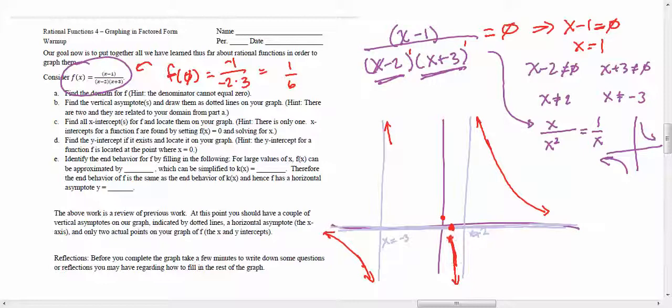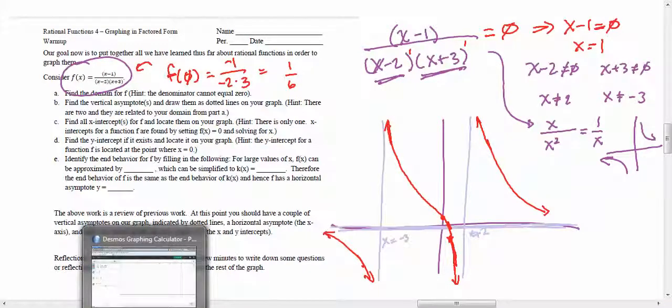I knew it would be positive, because if this graph came up and had to cross the x-axis, it would have to cross at the positive side if it wanted to cross over here. I couldn't have had it cross at the negative side and then cross here, or something like that. That doesn't make sense. I knew this x-intercept had to be positive. So I'd venture to say that my graph looks something in general like that.